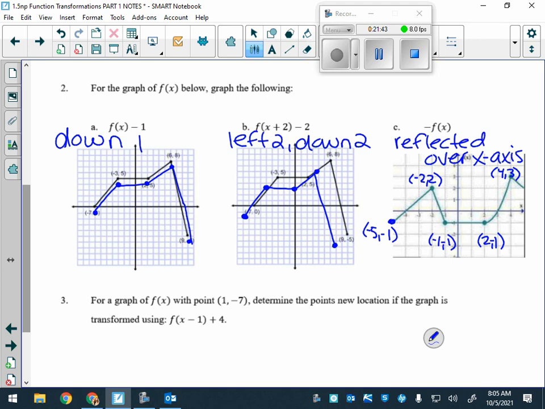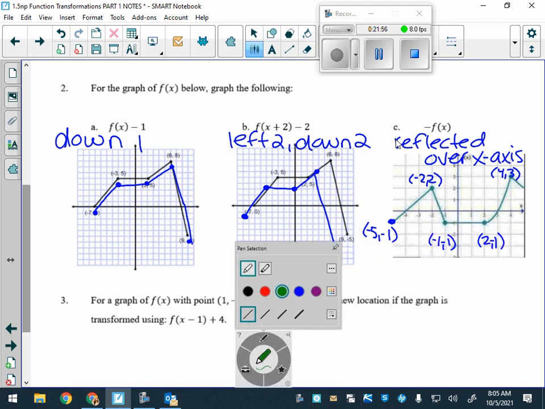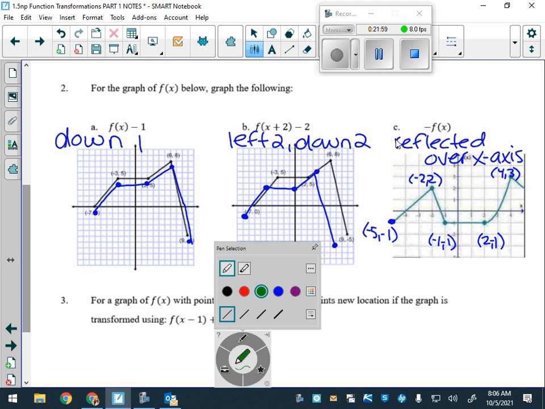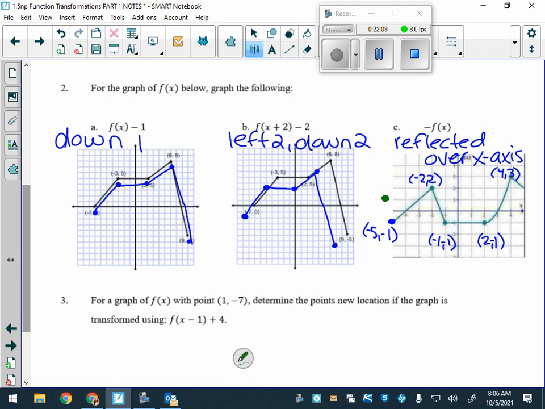Okay. So if I have -5, -1, if it's reflected, what would my new point be? If I'm -5, -1, Emily? Good. -5, 1. If I'm -2, 2, what would my new point be? Finn? -2, -2.